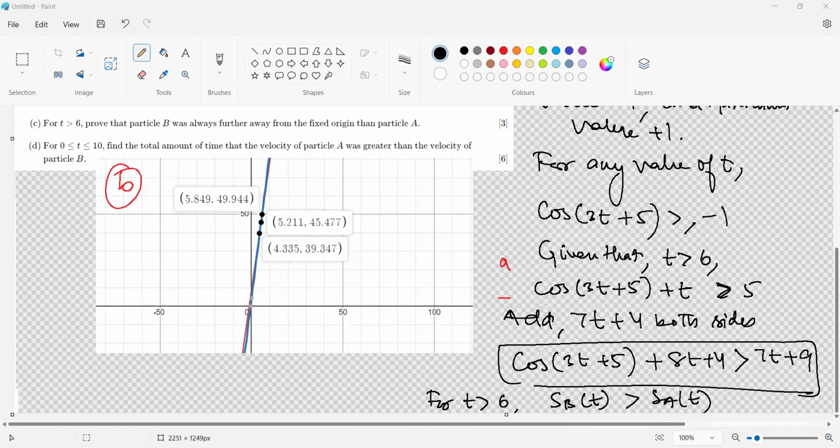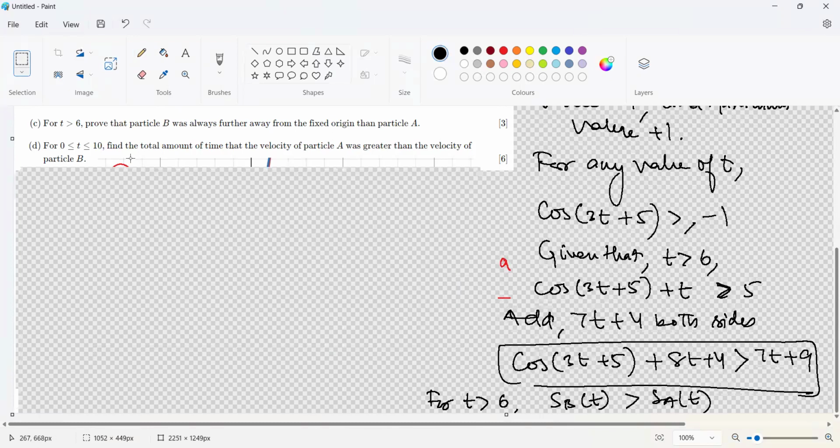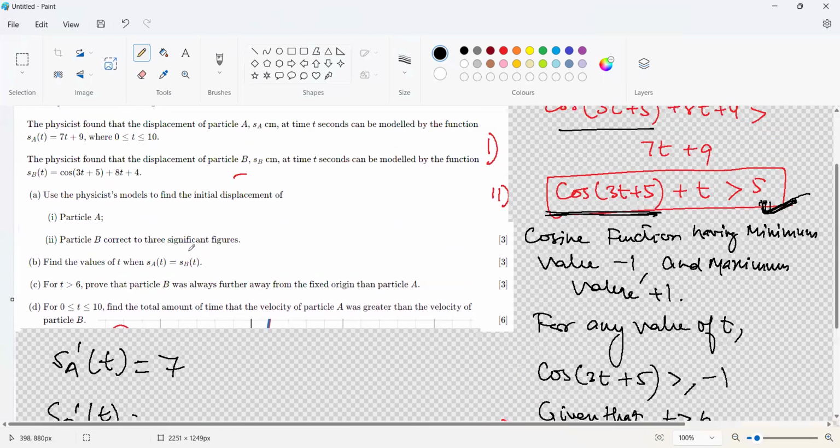So what you need to do here, differentiate the function. Velocity is the derivative of the displacement function. SA dash t, that is 7t plus 9, the derivative just comes out 7. SB dash t, the derivative would be what?